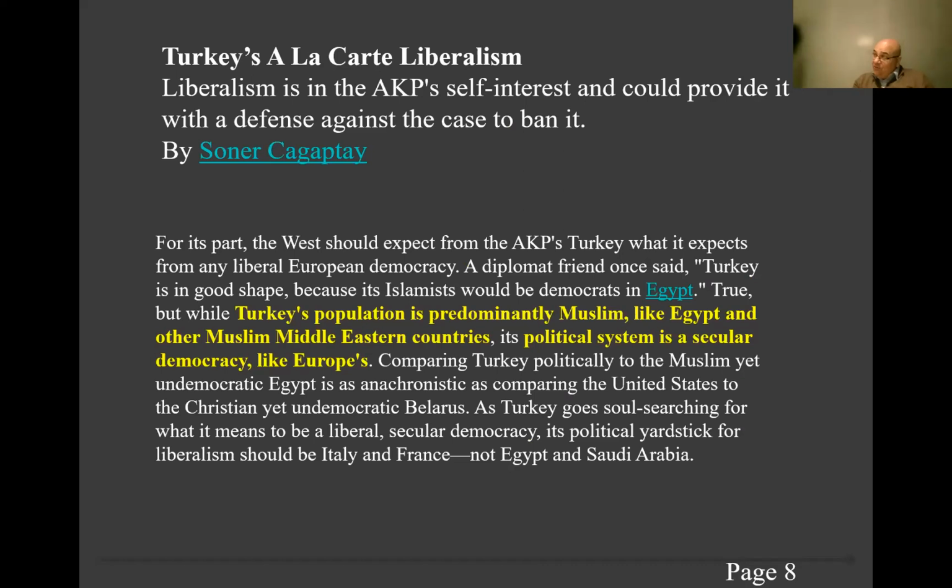If you want to compare Turkey, you need to compare with France. Do you see? He was advocating a most similar system design. He said that Egypt and Turkey are not similar to each other, but France and Turkey are similar to each other. Is it understandable?